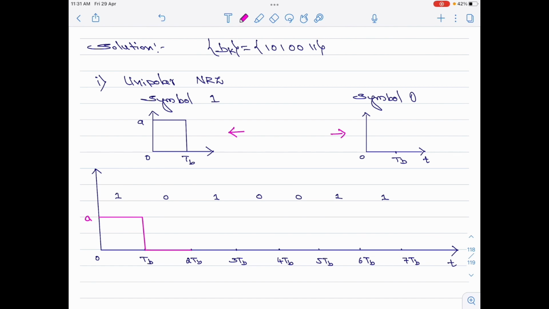Then we have a 1 again, so I am going to once again transmit a rectangular pulse of amplitude A and duration 1 TB. And for the next 2 zeros, we have no transmission, so 0. Then we have 2 bits, both of them being 1. Therefore, I will now transmit a pulse of amplitude A but duration 2 TB. Right. This is the unipolar NRZ waveform for the given binary sequence.